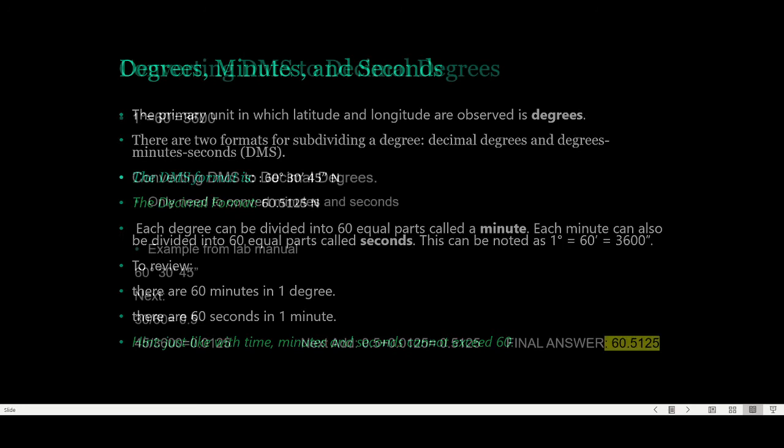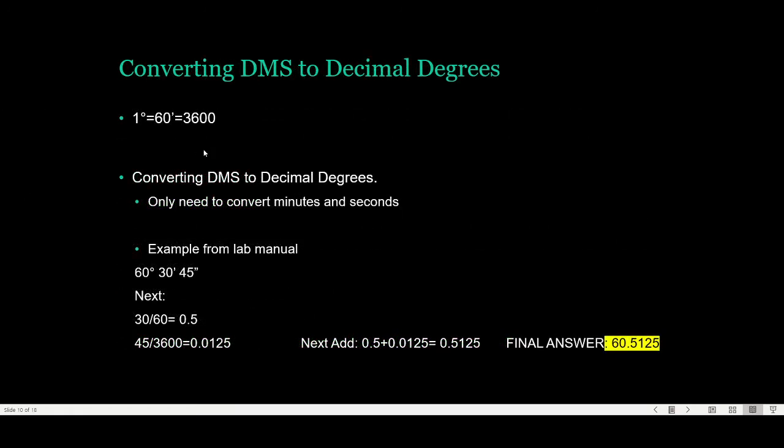Moving forward, we are going to be converting DMS to decimal degrees. To convert, you only need to convert the minutes and seconds. The example from the lab manual is 60 degrees, 30 minutes, and 45 seconds.